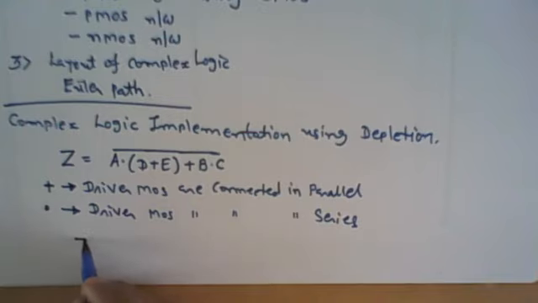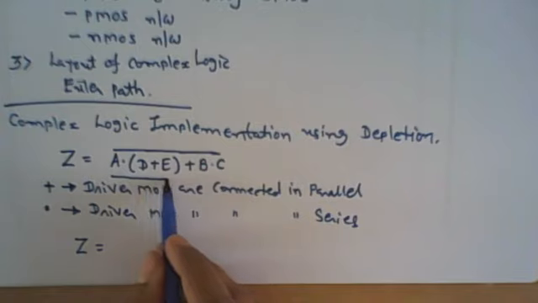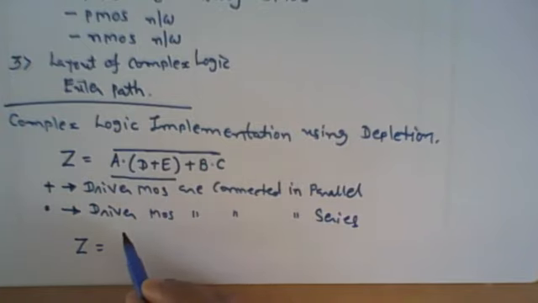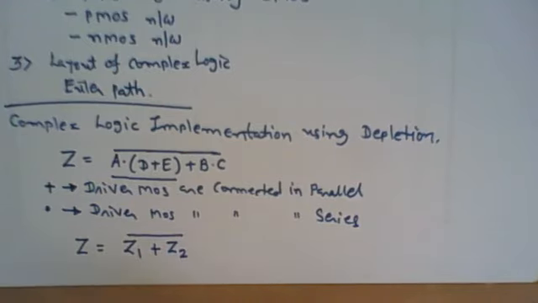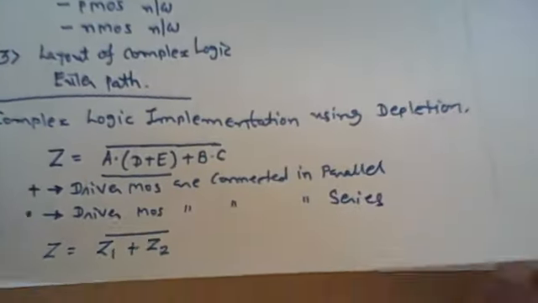So let me first divide this function. We can write Z is equal to, let me call A into D plus E as Z1, and B into C as Z2, the whole thing inverted. So here Z1 and Z2 are ORed.